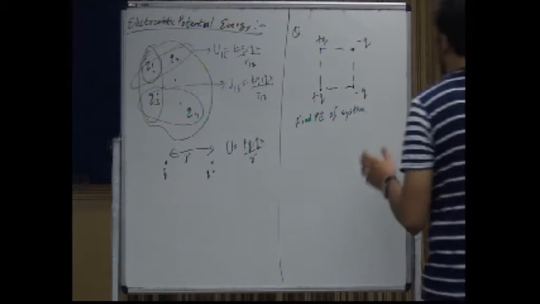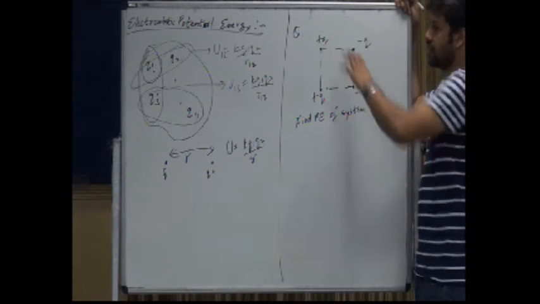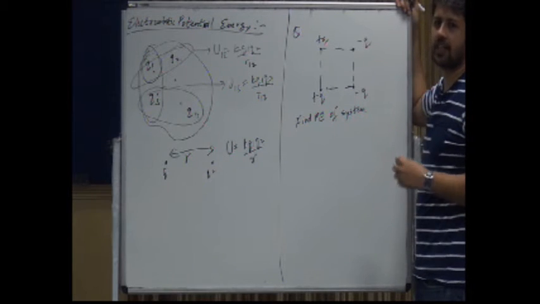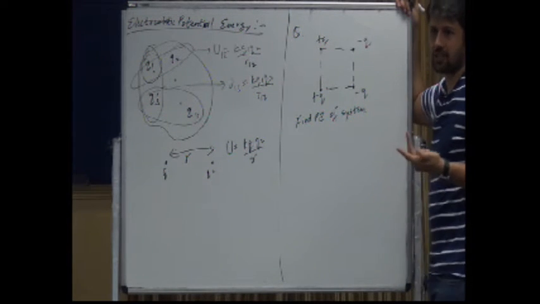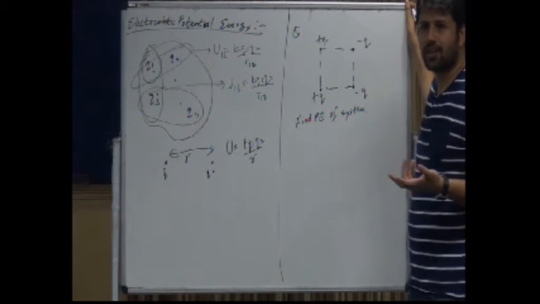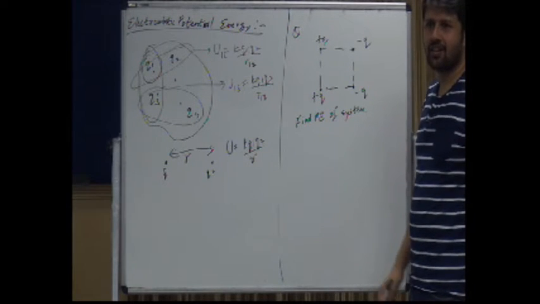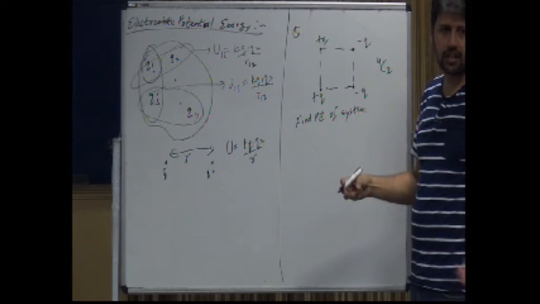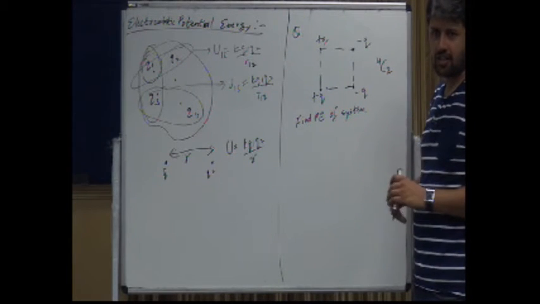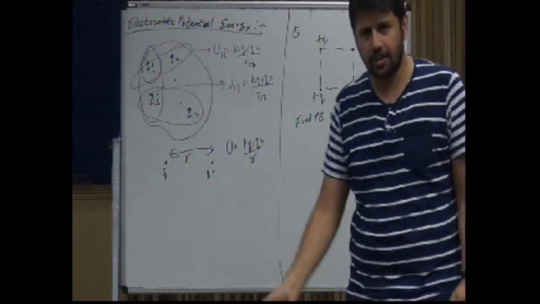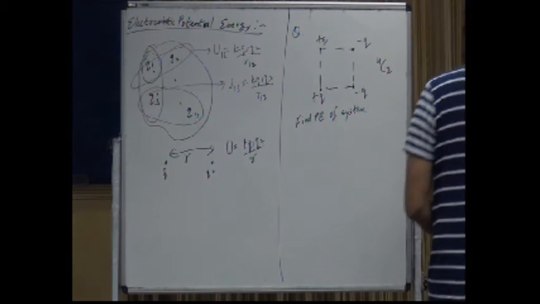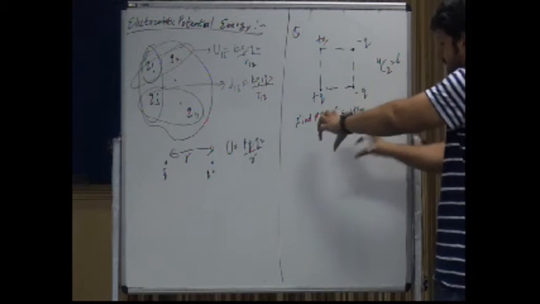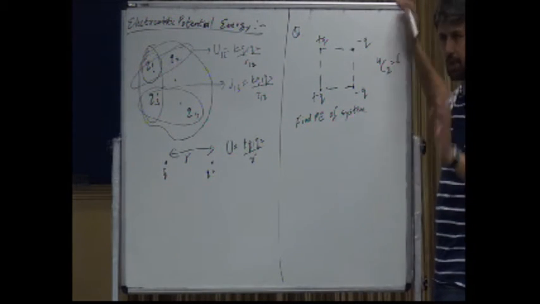Now if you remember, these are 4 charges. The number of ways in which we can select 2 charges out of them is how much? 4C2, exactly. We can select 2 charges out of n charges in NC2 ways. So the number of ways would be 6, so there would be 6 terms. Getting my point?